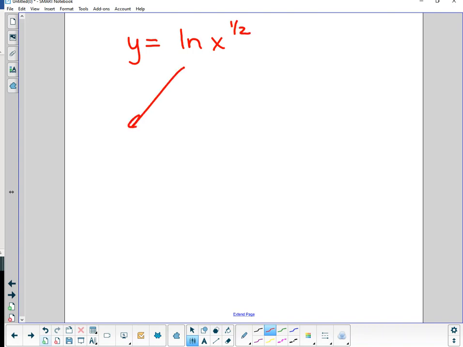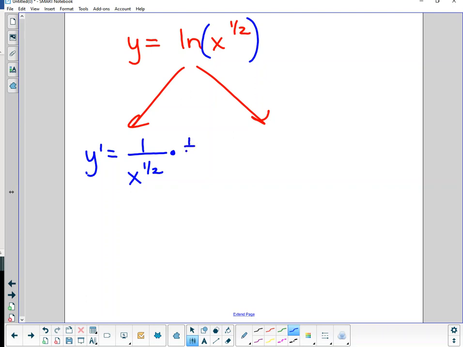But one option is we apply our natural log derivative chain rule and say the derivative would be 1 over x to the negative 1/2 times the derivative of x to the 1/2, which would be 1/2 x to the negative 1/2.